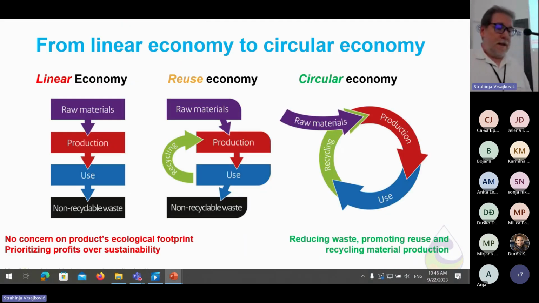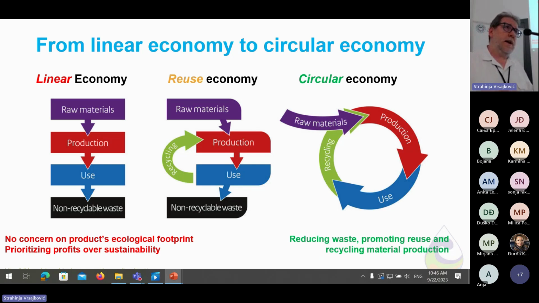Thank you, Jullien. Briefly, just to start with an overview of what is circular economy versus linear economy. Circular economy has already been clearly presented by Professor Milena Domin, but in a few words, the main differences are: in the case of linear economy, there is no concern for the product's ecological footprint, nor for pollution, and there is some prioritization of profit over sustainability.